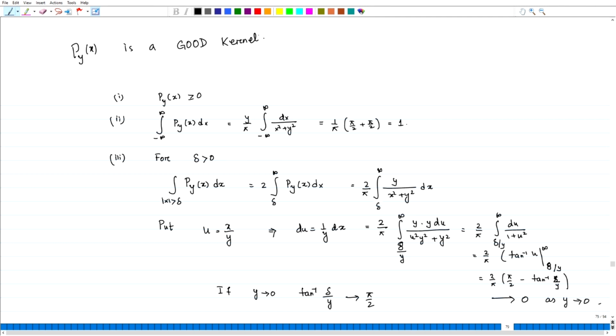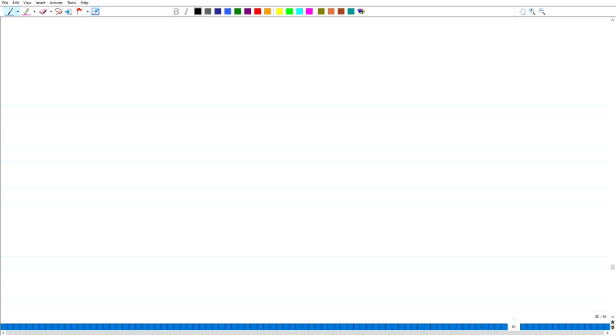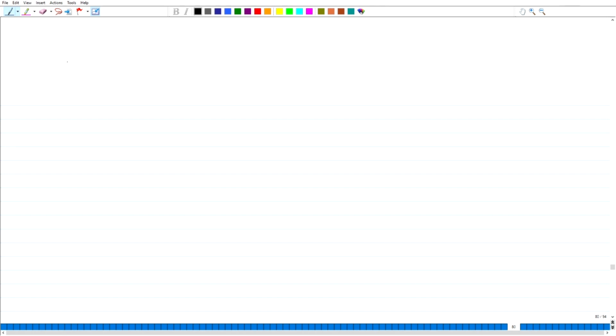Now we can use the properties of the good kernel, in the sense that if our f is in the Schwarz space, what will be the solution of this Laplacian equation or steady state heat equation? Just like the earlier case, we can utilize the properties of the good kernel.